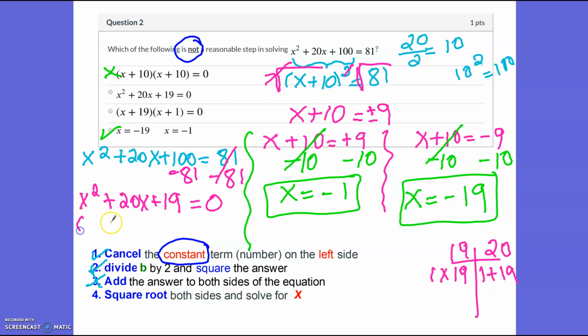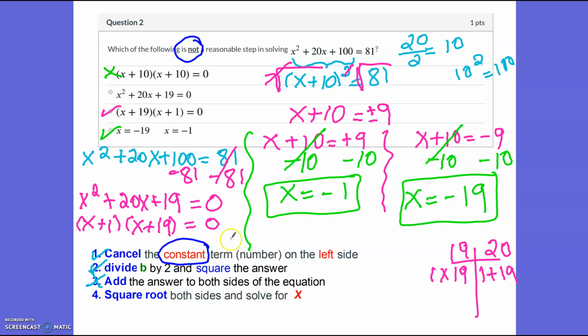So I know these are the two numbers that I need, x plus 1 and x plus 19 equal 0. Okay? So this step is here.